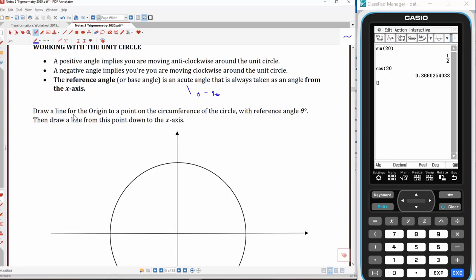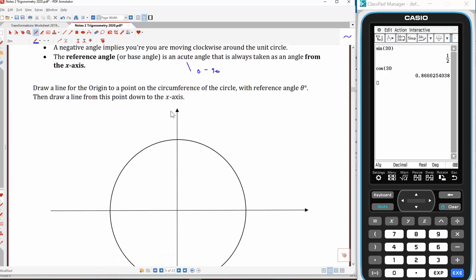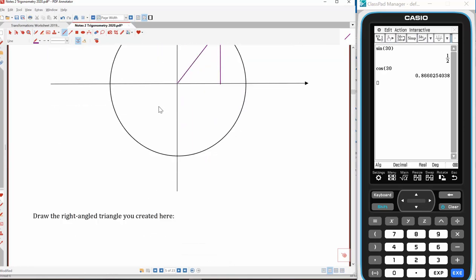So draw a line from the origin to a point on the circumference of the circle with a reference angle theta. Then draw a line from this point down to the x-axis. Let's do that. I'm just choosing something at random here. The line goes down to the x-axis.